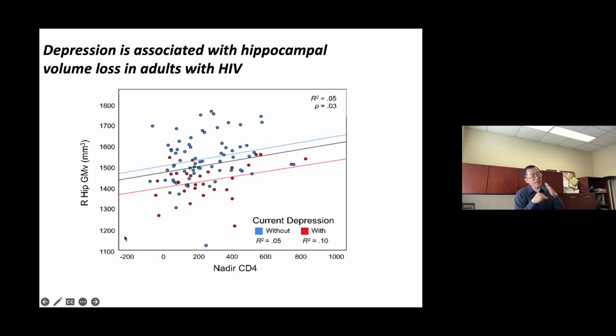HIV disease severity and depression seem to independently affect brain structure, so more like additive effects. This has its own interesting implications. We are trying to study this in an R21 we just submitted: can we link the brain imaging with molecular and similar blood markers to study what kinds of mechanisms might contribute to these additive effects?